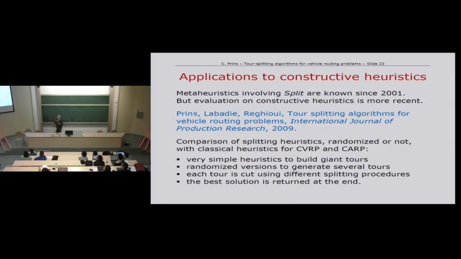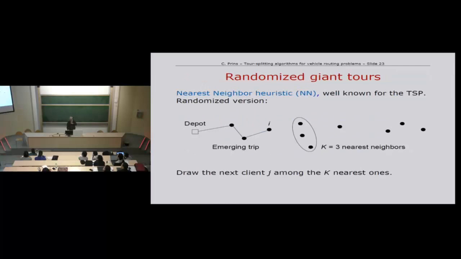Then each tour is cut using different splitting procedures, the one we saw and improved versions. And of course the best solution is returned at the end. So the principle is very simple. It's difficult to be simpler. We use the nearest neighbor heuristic, so you know it for the TSP.